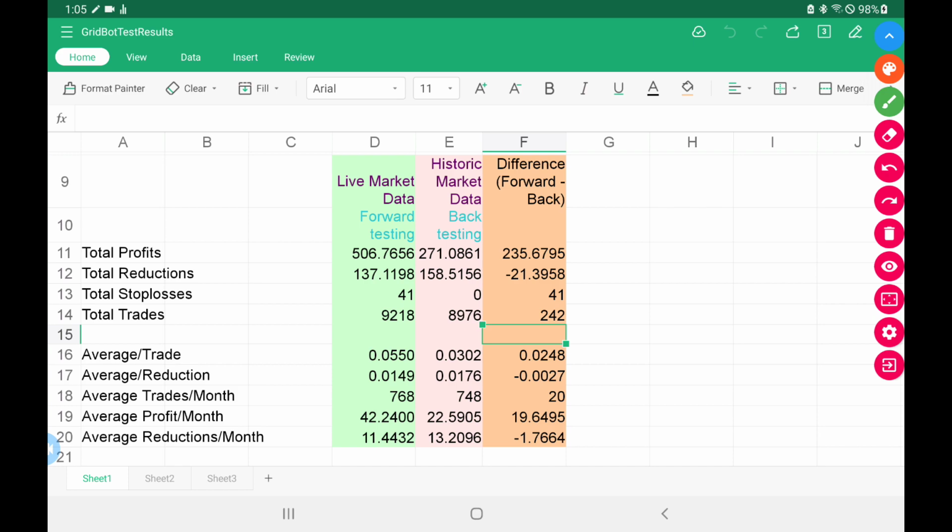So what do we get out of this 2 million candle data set? Very simple. Historic markets are good for testing the theory. They're not good for seeing real world performance. Live markets or forward testing must always be used before you deploy.